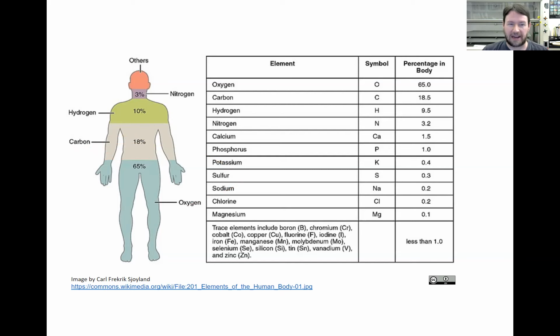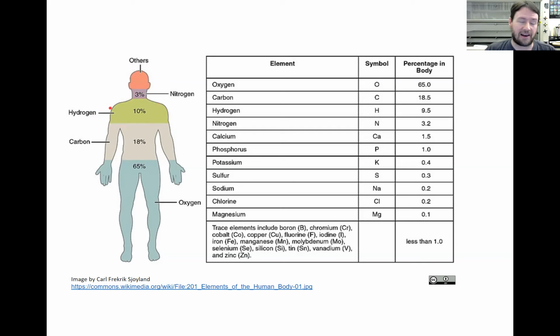So all the carbohydrates, the proteins, the lipids, the nucleic acids, which we're going to learn about in the next module, they all contain carbon. There's a really interesting reason why, but we're not going to get into that just yet. And then hydrogen, by number, there's probably more hydrogen atoms than any other in our bodies.